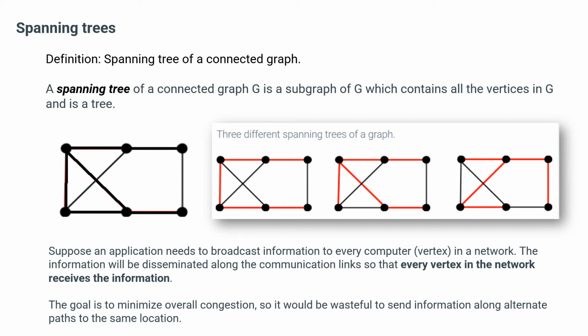We don't want any cycles, which would give us more than one path from one computer to the other. So by coming up with a spanning tree, we make sure we're getting to all of the computers, but we don't have any cycles to cause more congestion than would be needed.